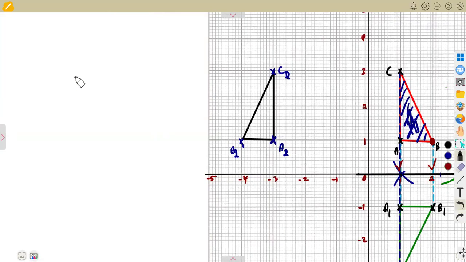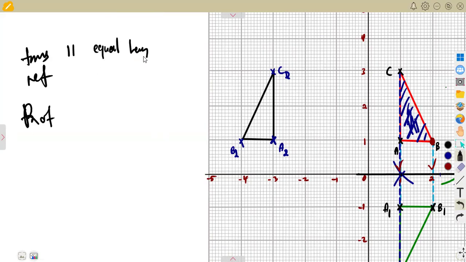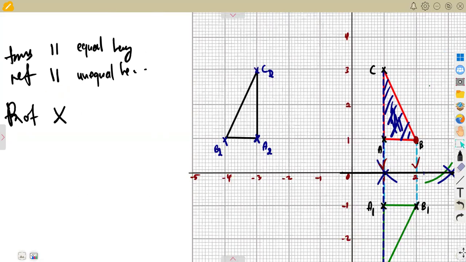Is it a translation? Is it a reflection? Is it a rotation? Translation, parallel lines of equal length. Reflection, parallel lines of unequal length, like I said before. Rotation, the lines do cross. So we have to do the same procedure as previously.